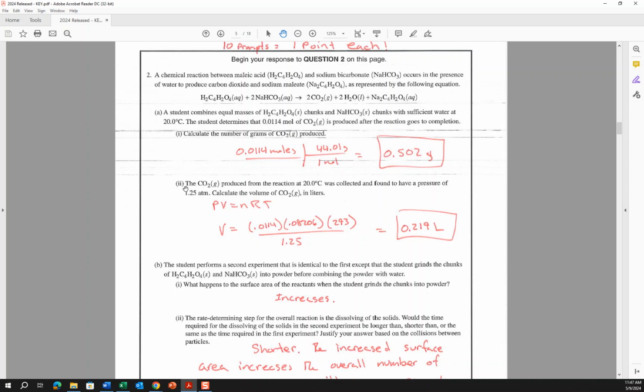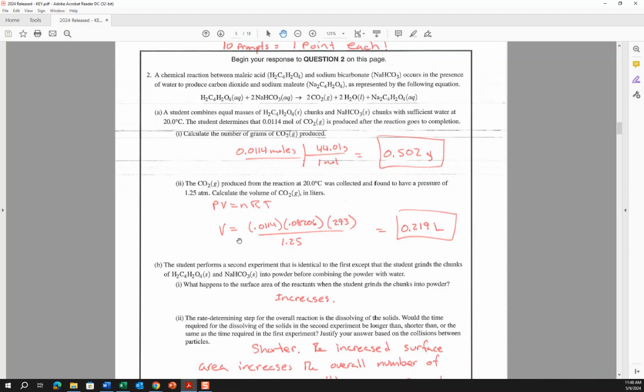Then it gives us the pressure, the volume, and the temperature of the gas. We know the moles of the gas from the previous part, and it's just asking for the volume. So here comes PV=nRT to the rescue. You can't use 22.4 liters per mole. If you took this and multiplied by 22.4, that would be incorrect because you're not at STP.